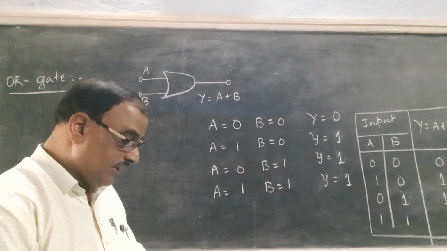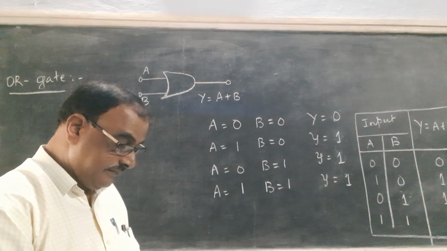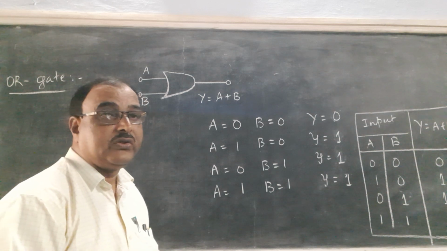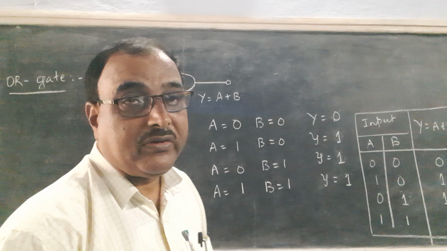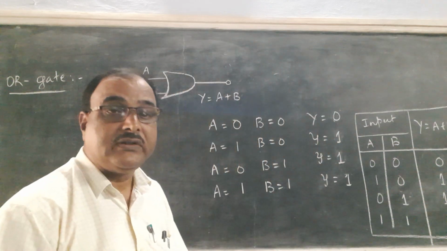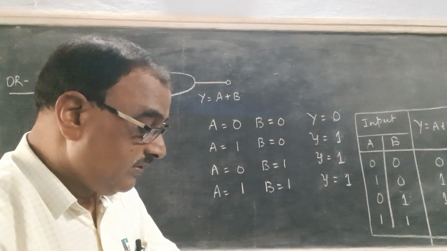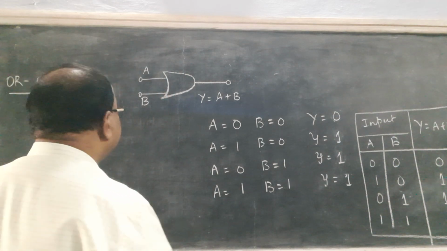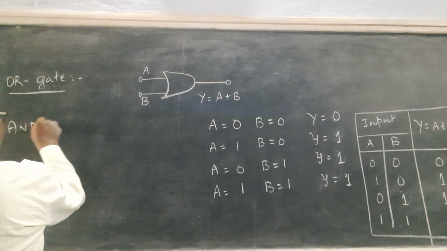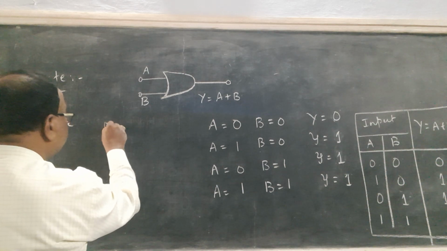Similarly, you can consider the AND gate. So you know that the AND gate performs the multiplication operation. Here the representation of the AND gate is slightly different.